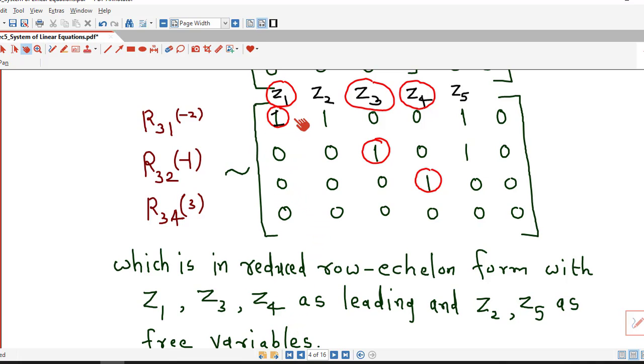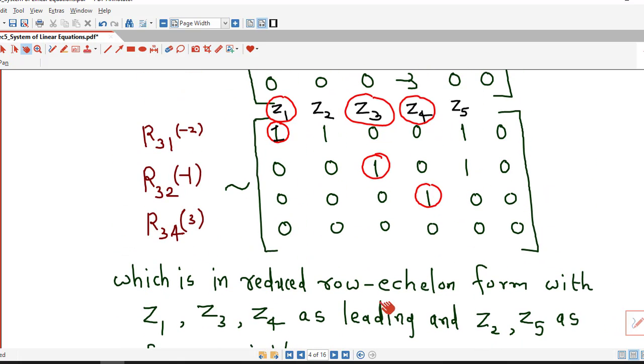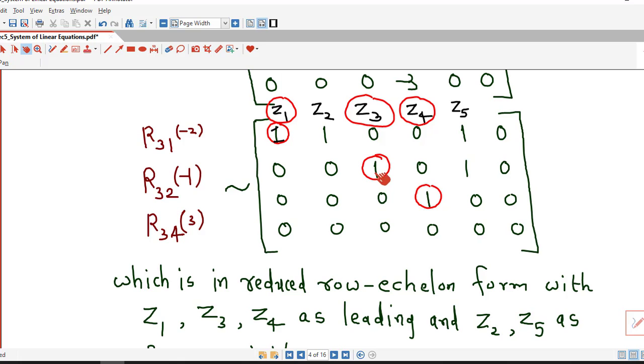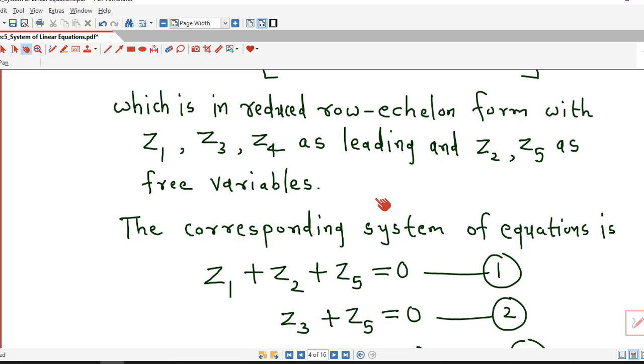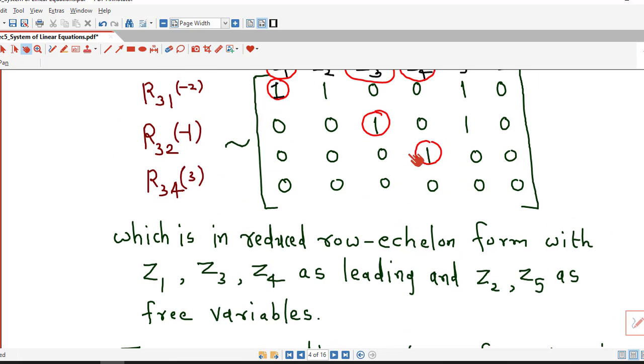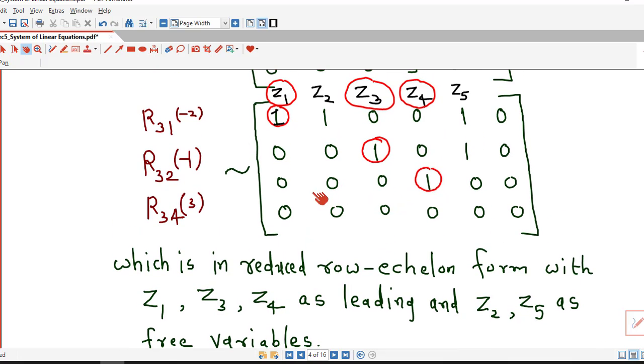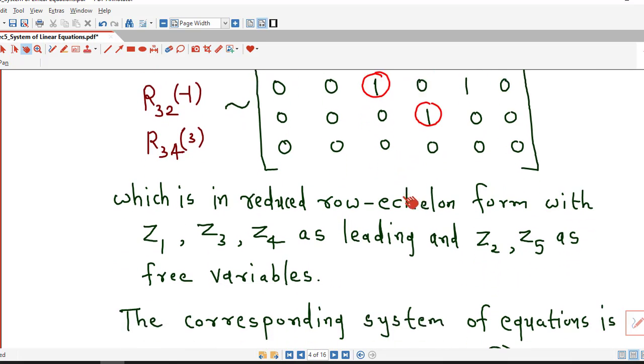Now we write down the system corresponding to this reduced row echelon form. The first equation is Z1 plus Z2 plus Z5 equal to 0. The second one is Z3 plus Z5 equal to 0, which is written here, and the equation corresponding to the third row is Z4 equal to 0.